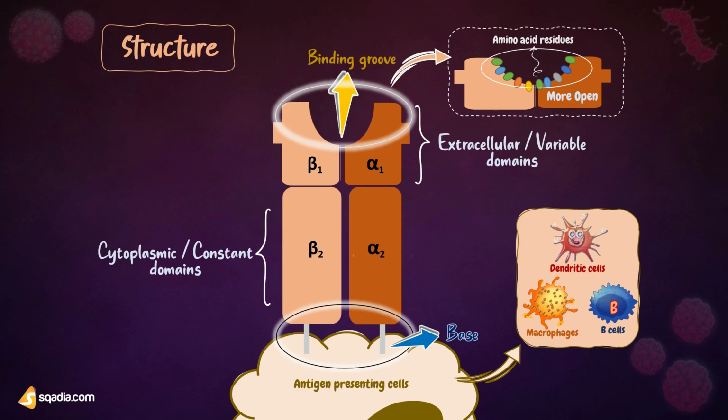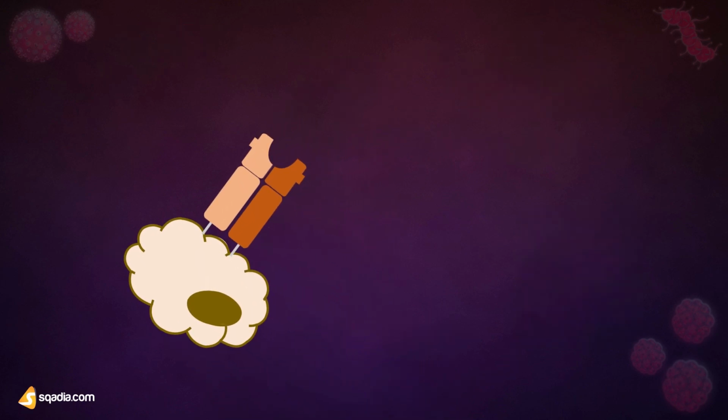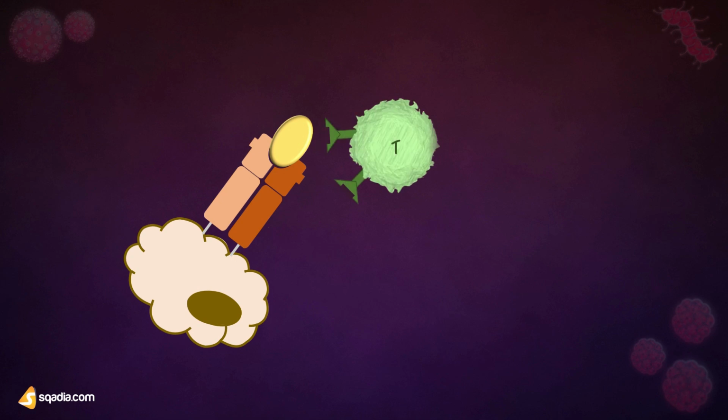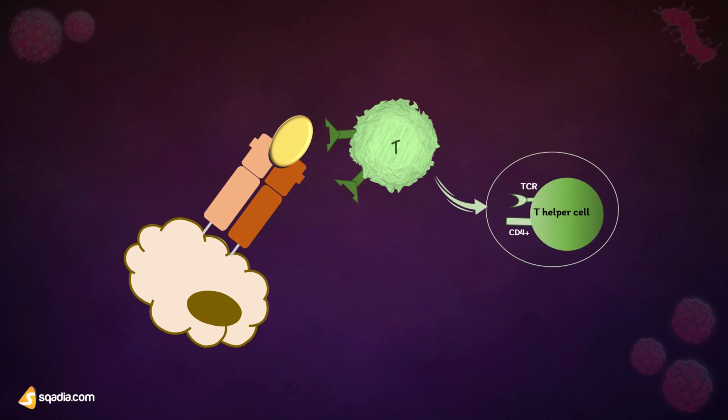So once these MHC Class II molecules get attached at the surface of these APCs, they bind with the foreign antigen at the binding groove, depending on the compatibility between the amino acid residues at the binding groove and the peptide antigen. Then these MHC II molecules at the surface of antigen-presenting cells present antigen to the T cells. The T cells involved here are the helper T lymphocytes or CD4 plus T cells. And thus these cells generate action against the captured peptide antigen.